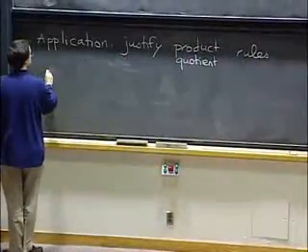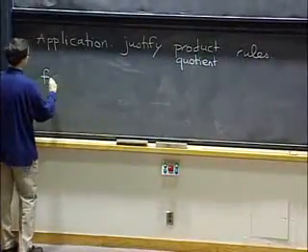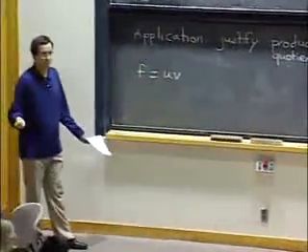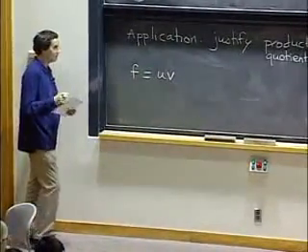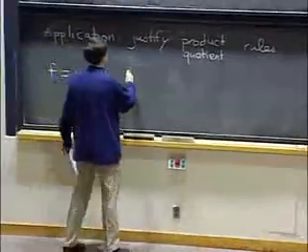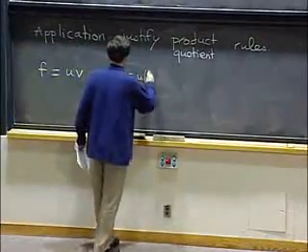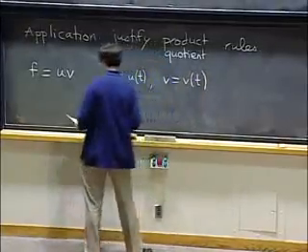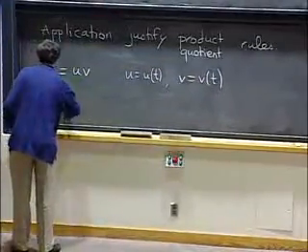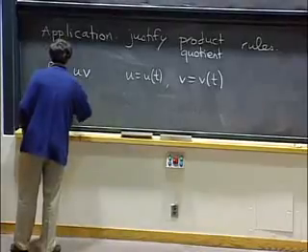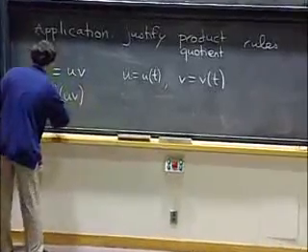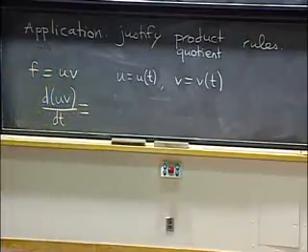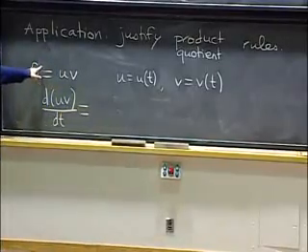Let's think, for example, of a function of two variables, u and v, that's just the product uv. And let's say that u and v are actually functions of one variable t. Then d of uv over dt is given by the chain rule applied to f.